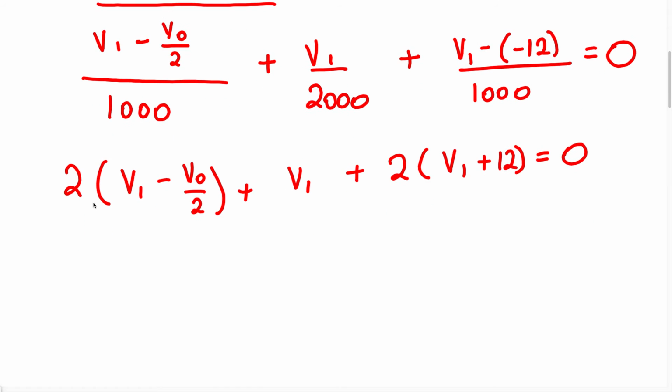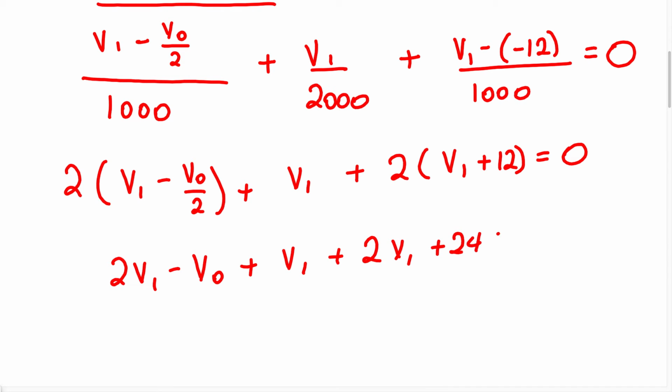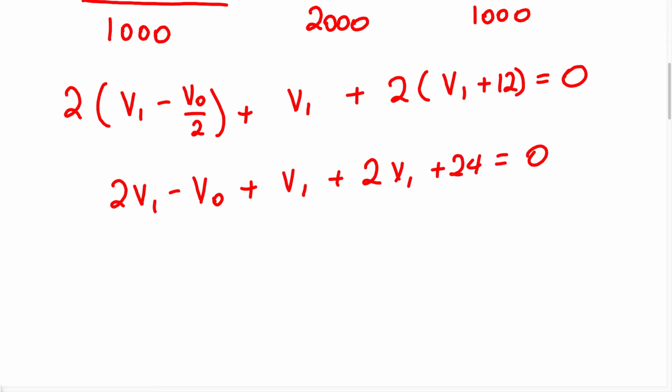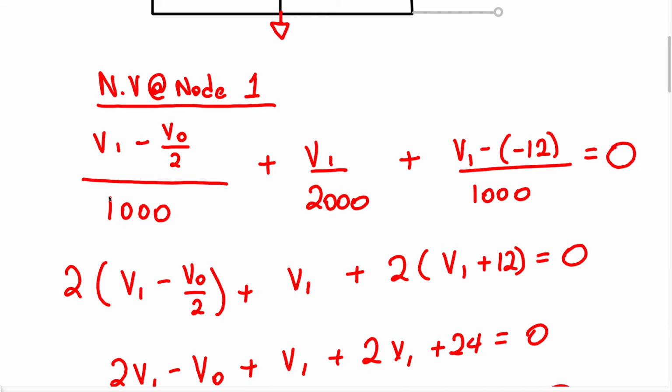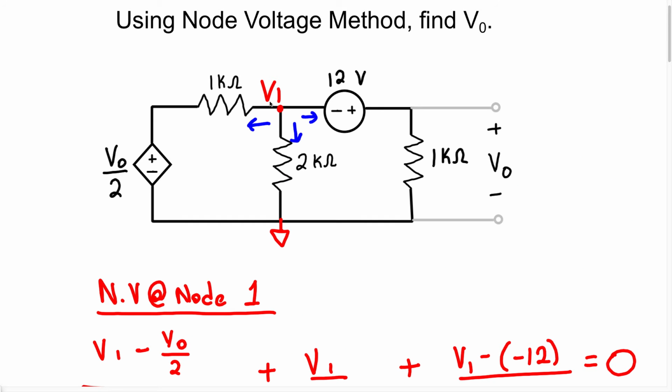When we start to simplify this, this is going to give us 2V1 minus VO plus V1 plus 2V1 plus 24 equals 0. When we simplify this further, we're going to be left with 5V1 minus VO equals negative 24. So this is going to be the equation for the node voltage at node 1.